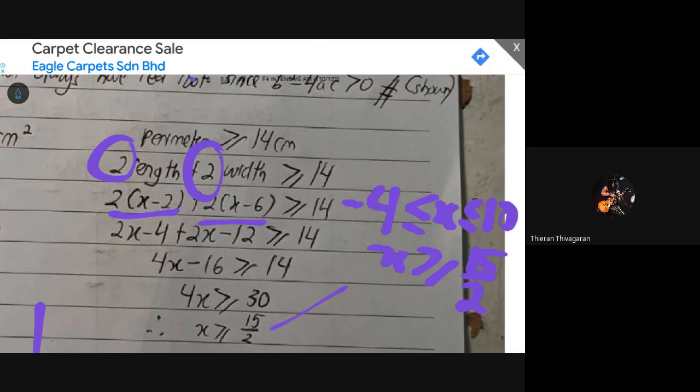How do I put the answer guys? Macam mana saya nak tulis jawapan akhir? Sebab sekarang saya ada 2 jawapan. I have 2 answer. So how? Any idea? Cuba bagi cadangan. You all know or not?